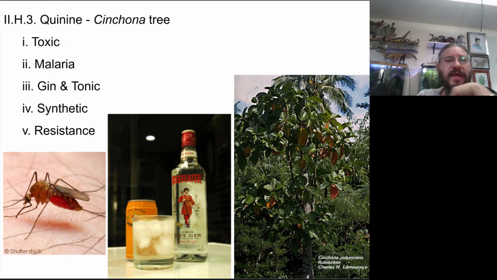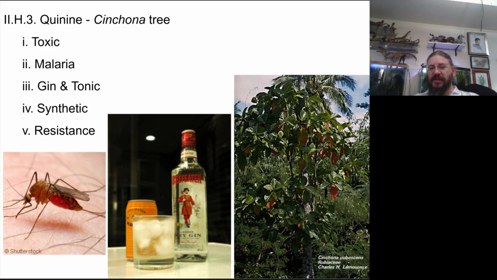All right, the cinchona tree, which the species is called the cinchona species. The species is, of course, named by Europeans.